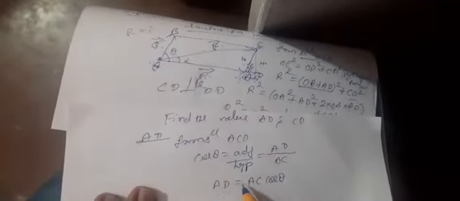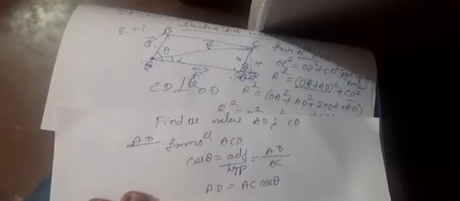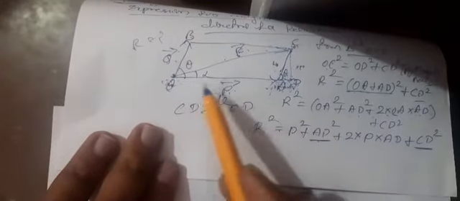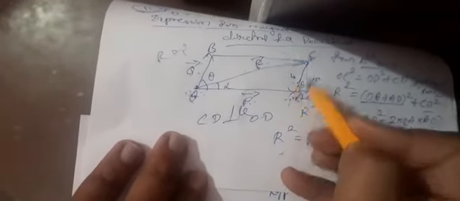AD is equal to AC cos theta. AC is parallel to which line? The OB line, so AC is equal to OB.